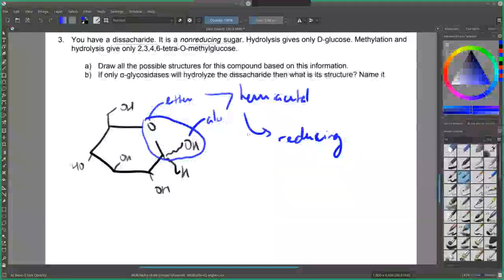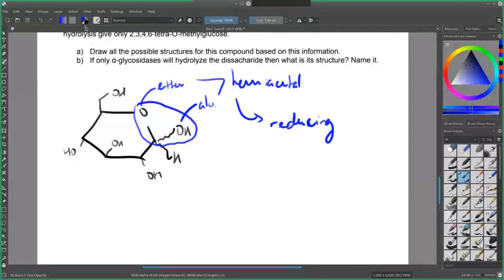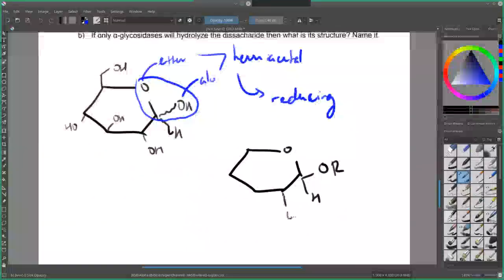Like it reduces other things, and in the process, gets oxidized. So the naming is a little bit weird, but yeah, if it's an acetal, we can choose anything else to be there, as long as it's not a hydrogen.